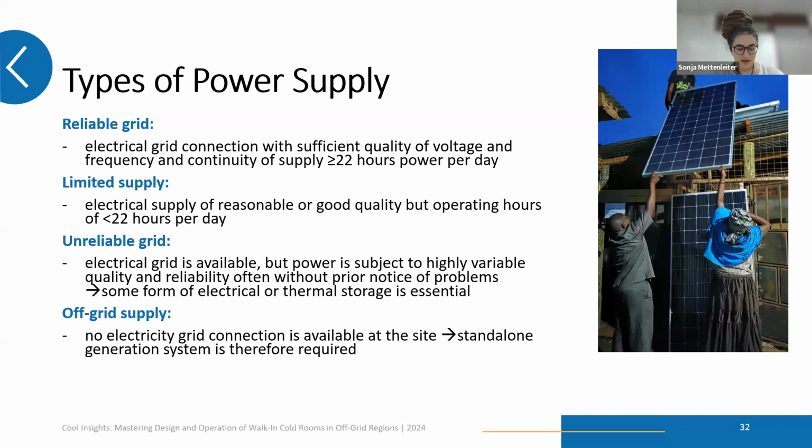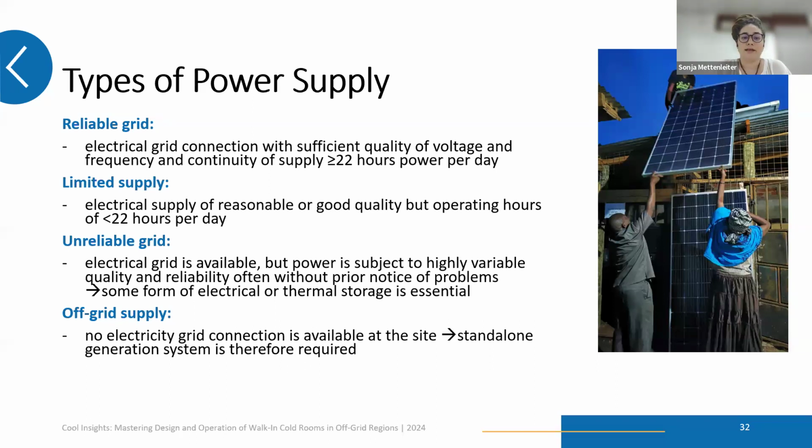Then the limited supply, which means the grid is available with good quality and has operating hours of around 22 hours, but the power cuts are usually known beforehand. There comes to mind the case of South Africa.